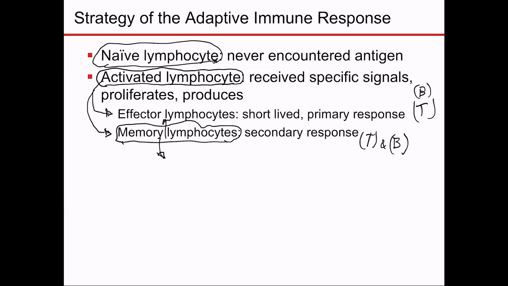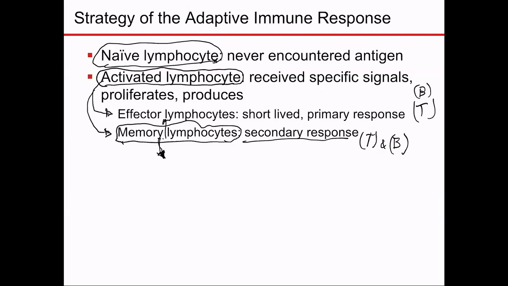These are a particular group of lymphocytes that are created after that encounter with that antigen. And the function of these memory lymphocytes is that if we now get exposed to that same antigen again in the future, these memory lymphocytes can switch very quickly to effector lymphocytes. After the second encounter, what we call a secondary response, these memory cells will be able to differentiate so quickly into these effector lymphocytes that it's not going to require those 7 days that I mentioned before in the process of generating this adaptive immunity.